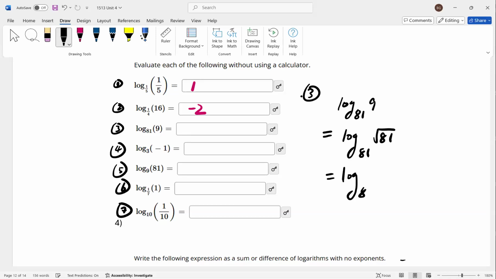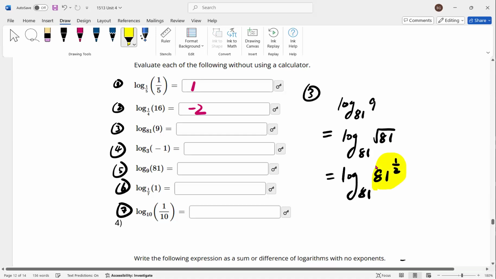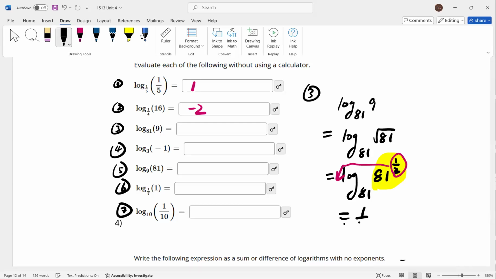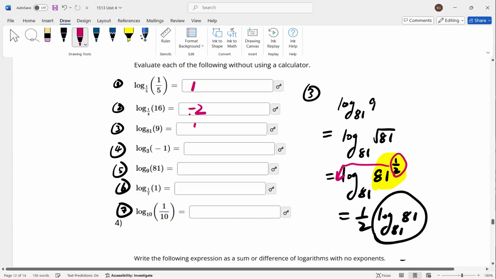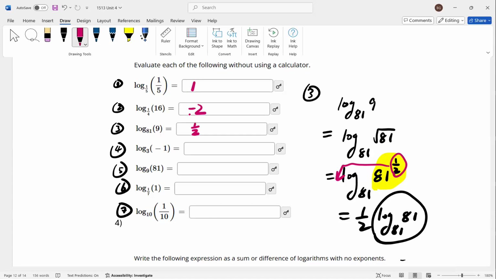And we can also write the square root of 81 as 81 to the power half. By the power rule, since the argument is now a power, we can move the exponent in front of the log: half log with base 81 and 81. And this is 1 because the base and argument are identical. So the result is 1/2.